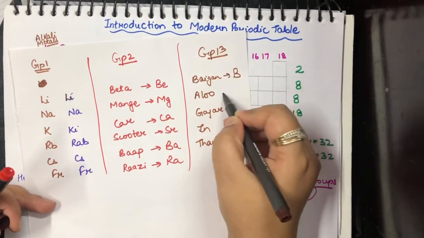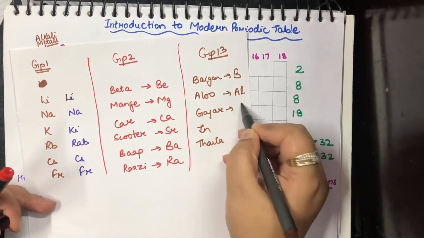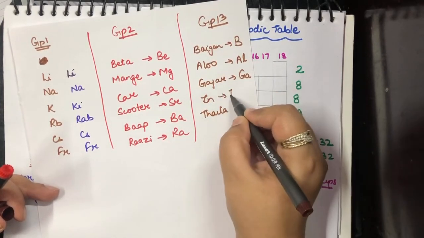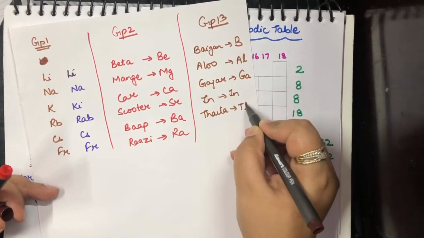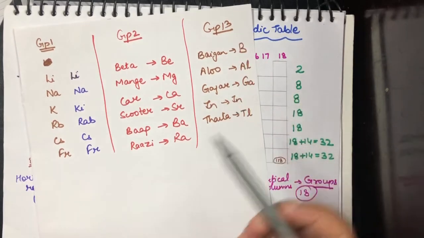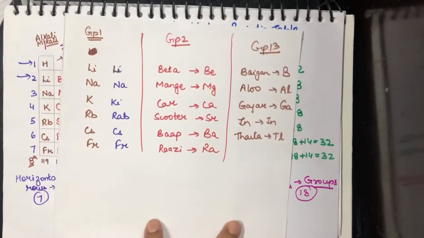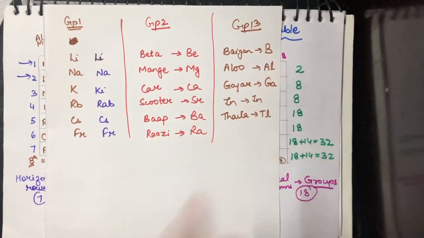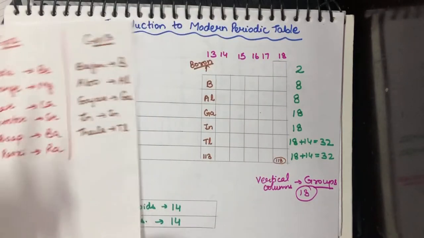It was boron, aluminium, gallium, indium, and thallium. So the group 13 is your boron family, or you can also call it your vegetable family, because it is baigan, aloo, gajar in thela. So if you remember this, this might help you in recalling the other elements of the group.